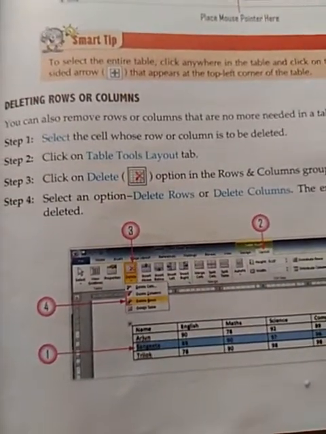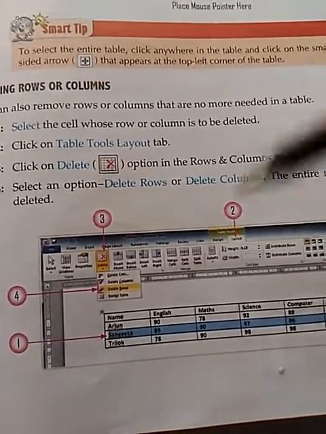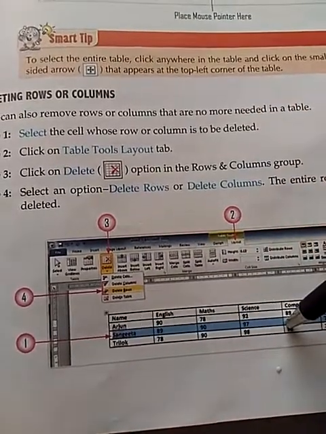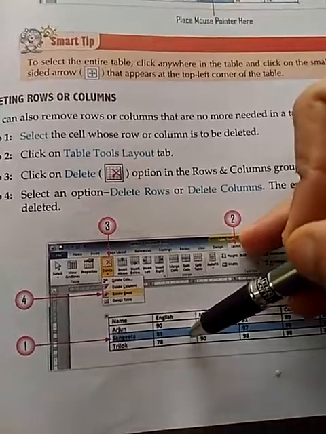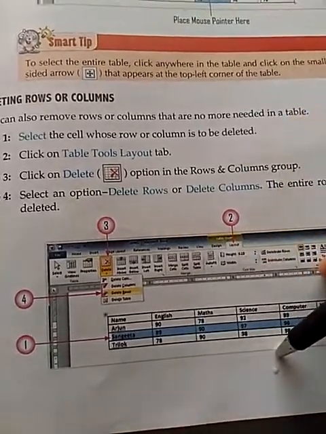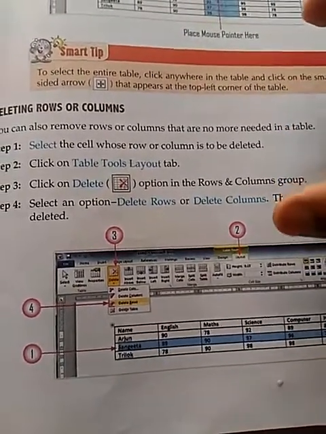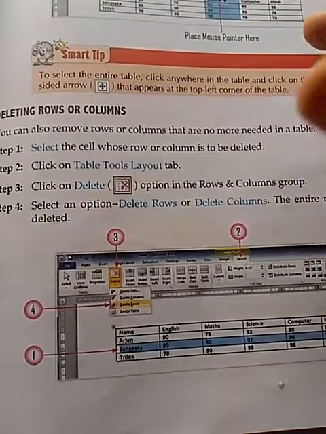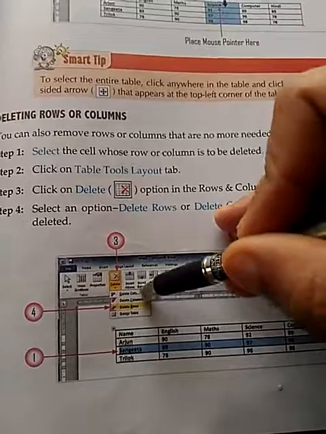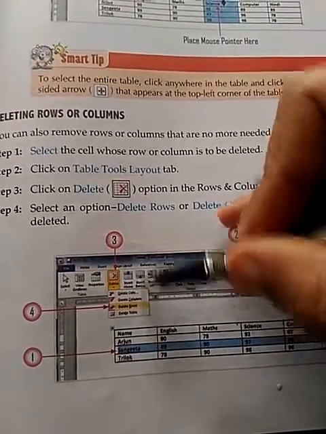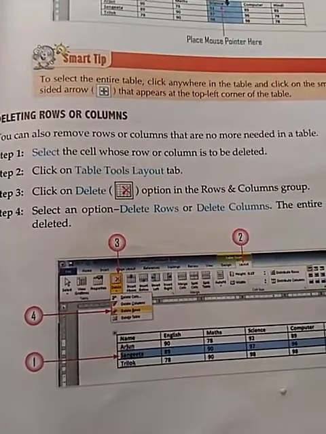There is another method. You can select a row and after that just right click your mouse and a shortcut pop-up box will open. In that shortcut pop-up box you will find the option delete, and in the delete option all four options will be available over there.